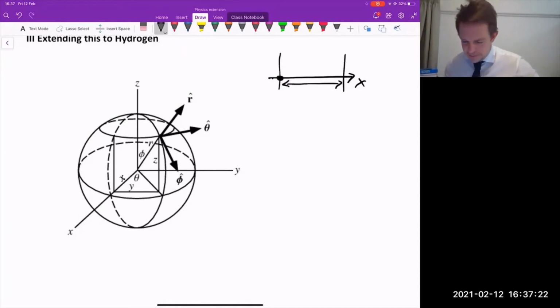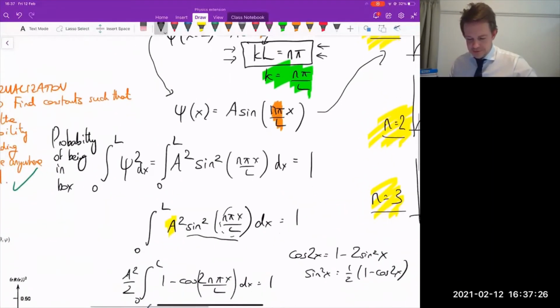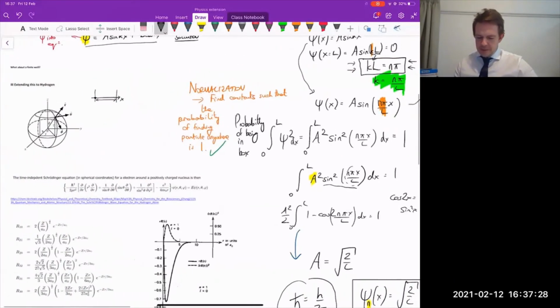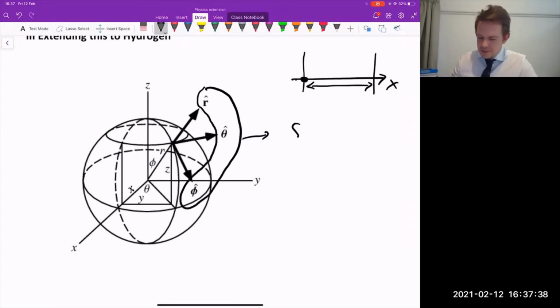Well, we've just seen above that it's not like 2 + 2 = 4. With a hydrogen atom, there are 3 dimensions, and you tend to use a coordinate system which is called spherical polar coordinates.